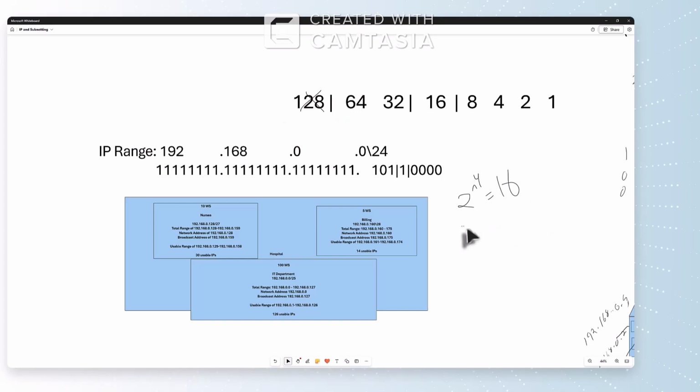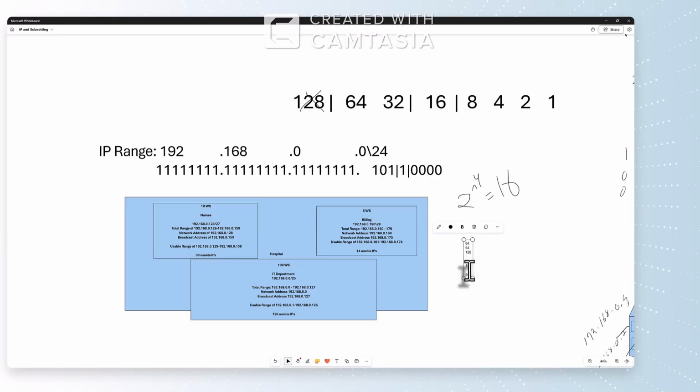For instance, if I go down here and let me open up a new text box, I type in 64 plus 64 plus 64 plus 64. So let's just go one at a time. 64 plus 64 equals 128. 128 plus 64 equals 192.